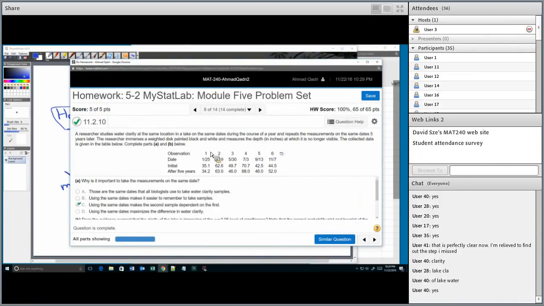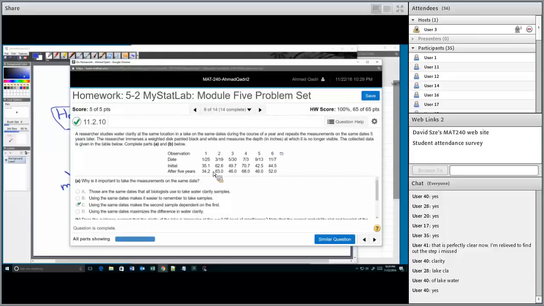Since I have time, I'm using the same days because I want the two to be connected, because on January 25th most likely the environment and conditions are pretty much the same, and that's why they're doing it on the specific day after 5 years.